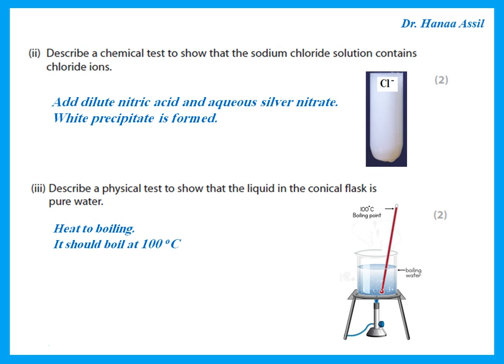What if it has impurity? You should know that if it is not pure, its boiling point will be a little bit higher than 100. So if it has impurity, like if instead of pure water it's sodium chloride solution, then the boiling point will be 101, 102, 103, something like that.